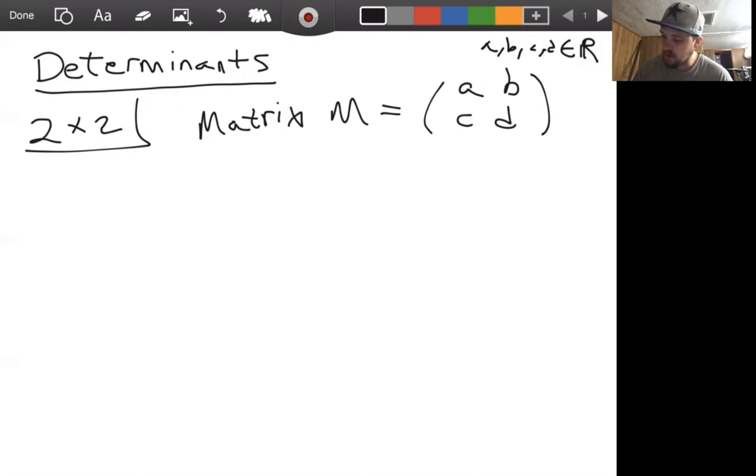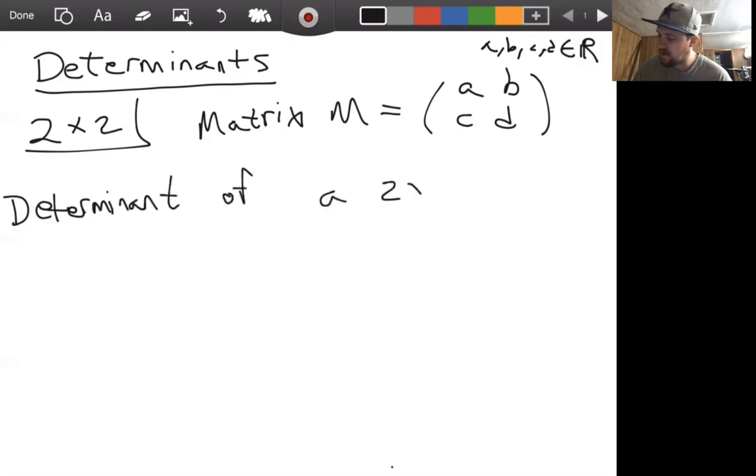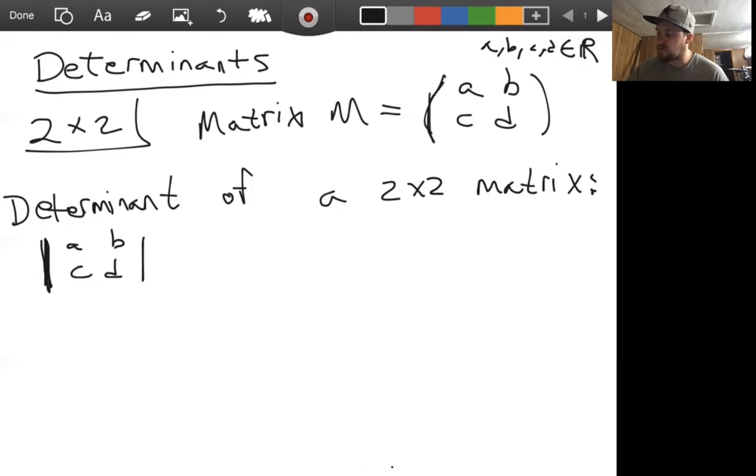So the determinant of a 2 by 2 matrix is denoted by vertical brackets, or vertical lines, versus enlarged parentheses for the matrix itself.